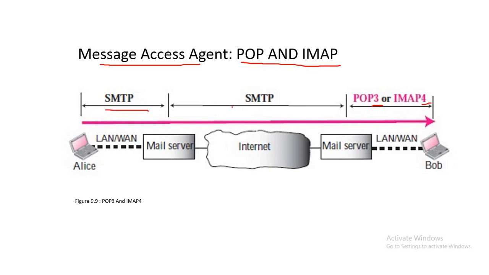We have discussed SMTP's range from the sender to the local mail server and from mail server to the receiver's mail server. That is pushing, and this one is transferring. Now here the receiver is pulling the message from this mail server. For this pulling purpose, protocols like POP3 and IMAP are used by the message access agent.